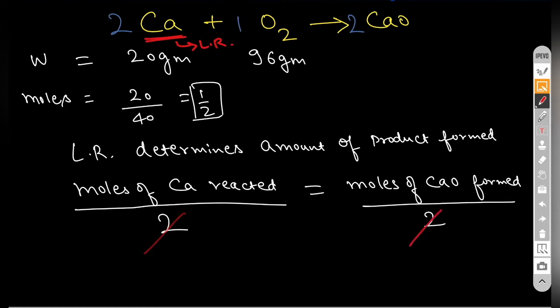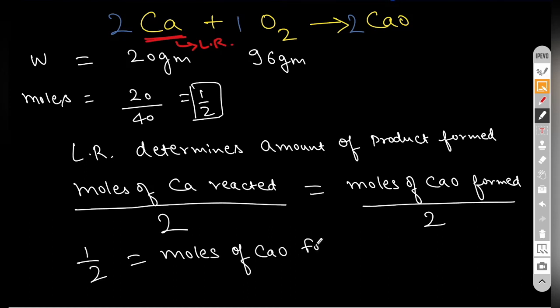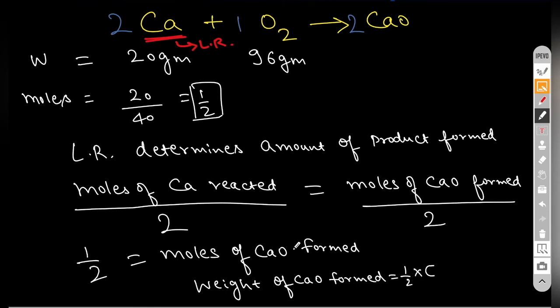Now putting the values, moles of Ca reacted is 1 by 2, so moles of CaO formed is 1 by 2. Therefore weight of CaO formed will be equal to moles multiplied by molecular weight: 1 by 2 multiplied by 40 for calcium plus 16 for oxygen. It will come out to be 28 gram. This will be the answer for part B.